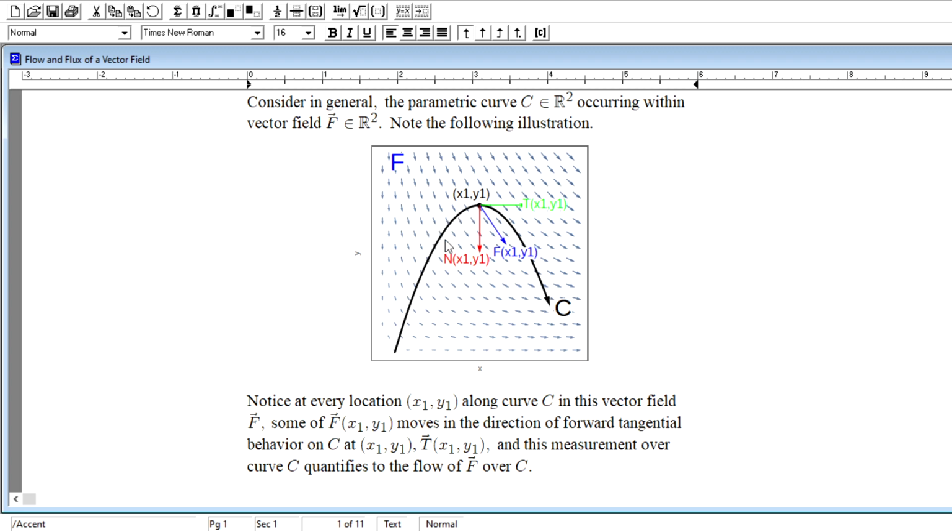When we sum that up for all values along this curve C, we get a measurement of flow, right? The flow of the field F on C.